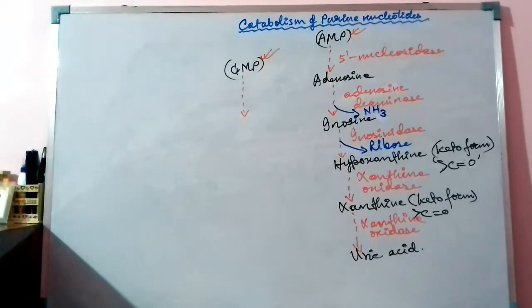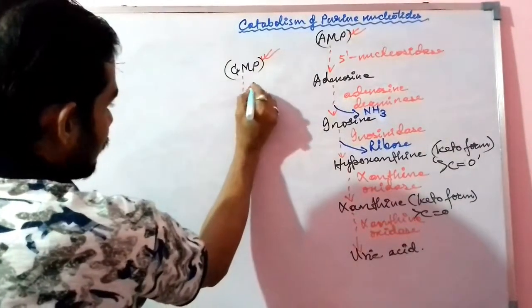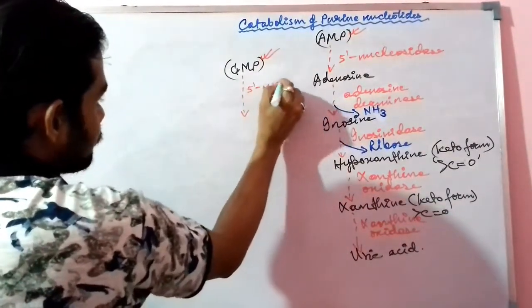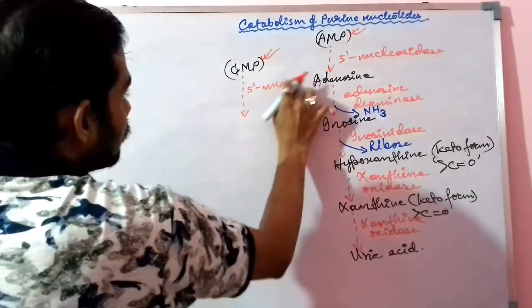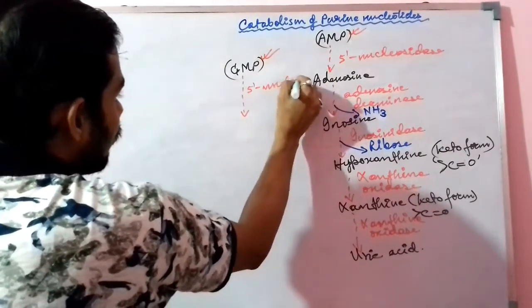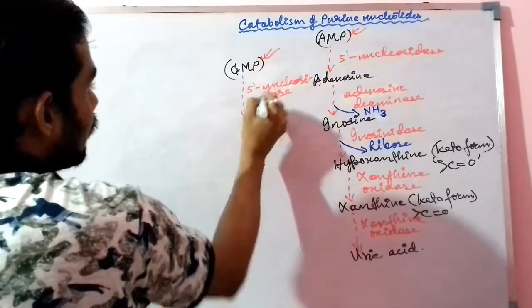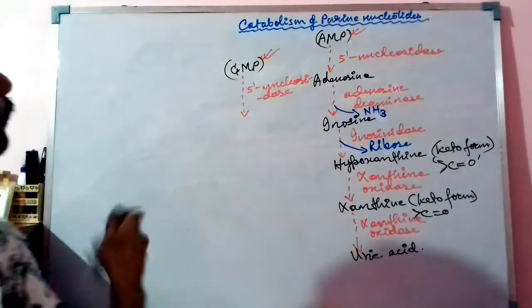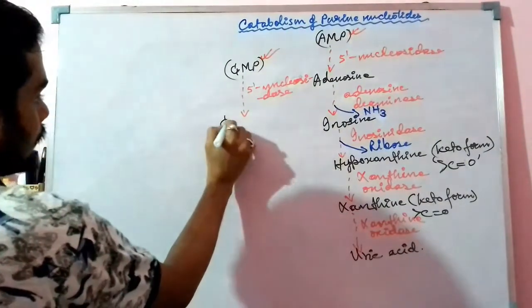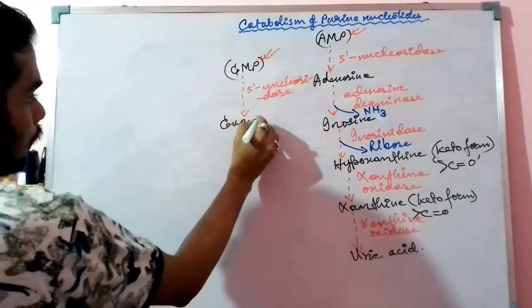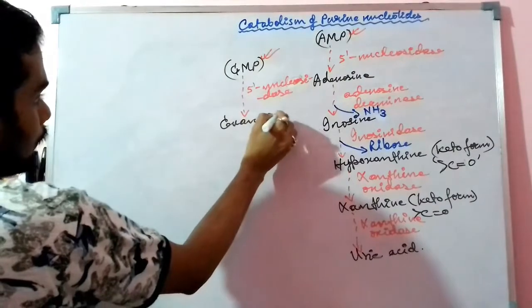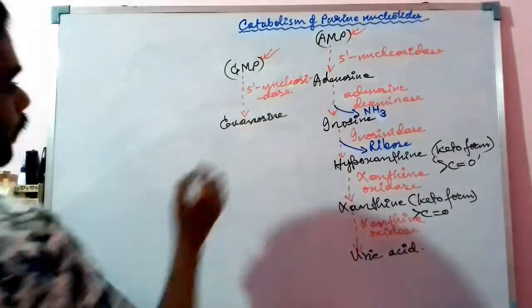So in the presence of the same 5' nucleosidase, it helps in the formation of the guanosine. Right.